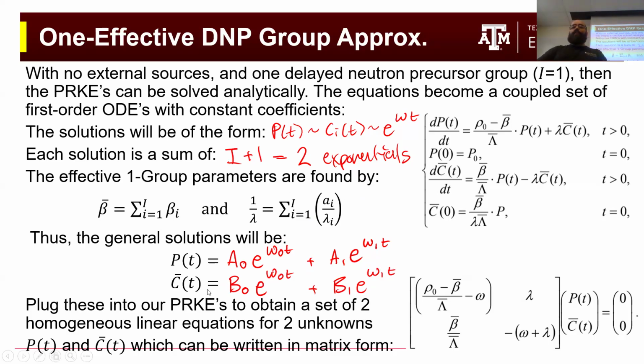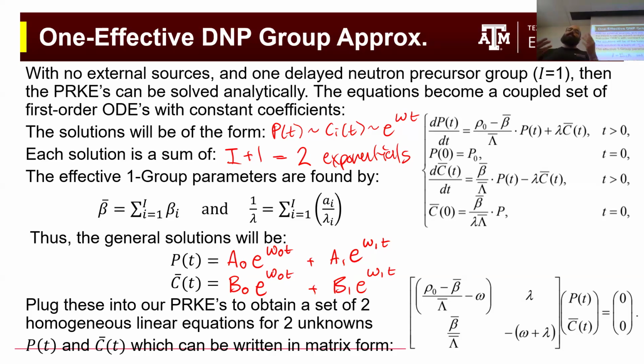If this is the general form for P of t and for C of t, then we can plug these definitions into the original point kinetics equations. We can take derivatives of P and C because it's just derivatives of exponentials, and we can do those pretty easily. When you do that, this set of coupled ordinary differential equations becomes a set of linear algebraic equations for the unknowns.